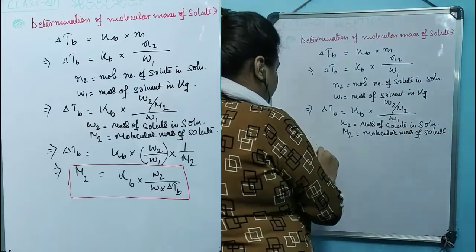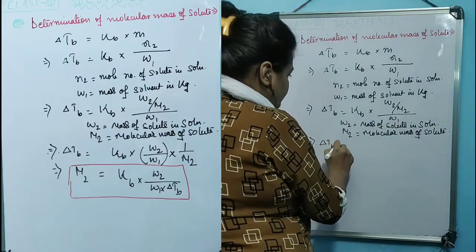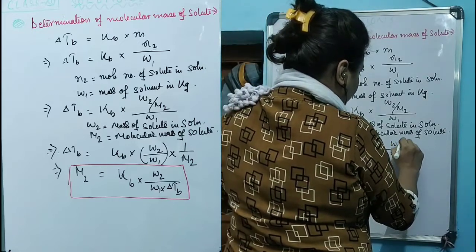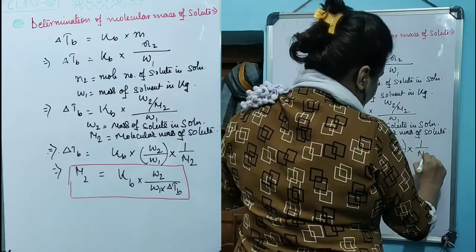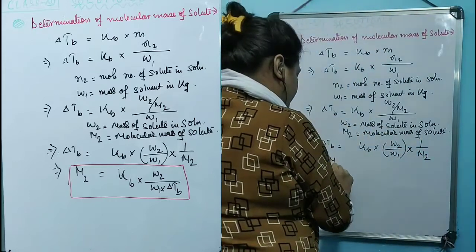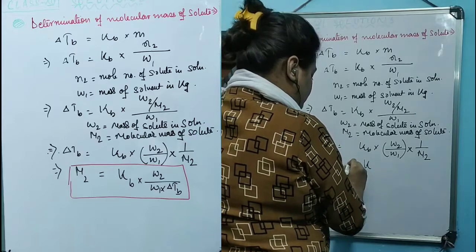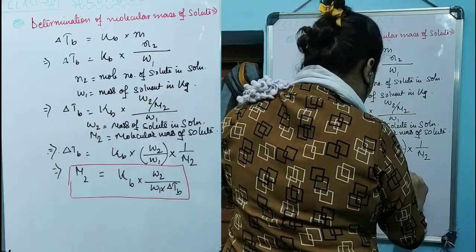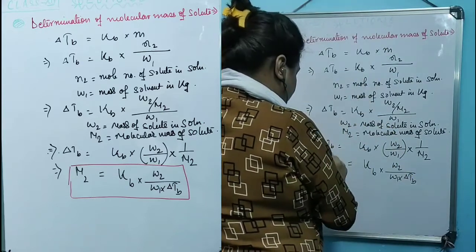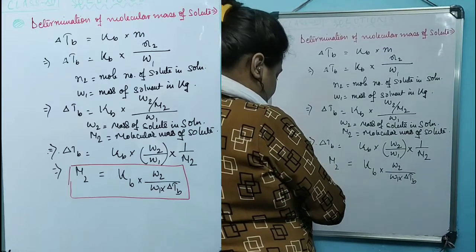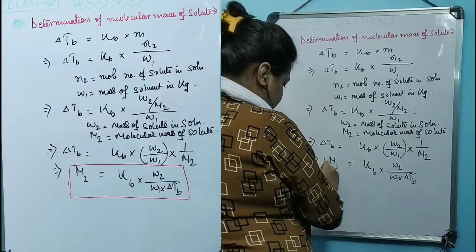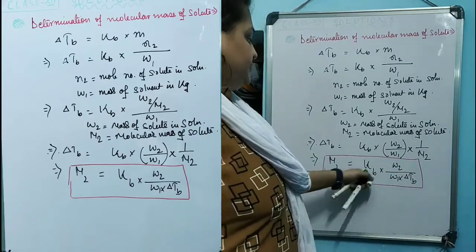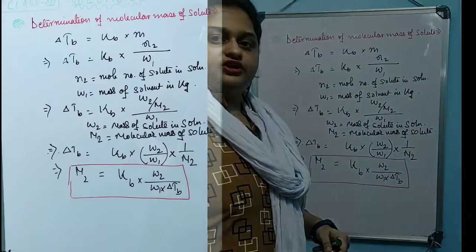Therefore, delta Tb equals Kb multiplied by W2 by W1 into 1 by M2, or M2 equals Kb multiplied by W2 by W1 multiplied by delta Tb. This is the expression for the molecular mass of the solute.